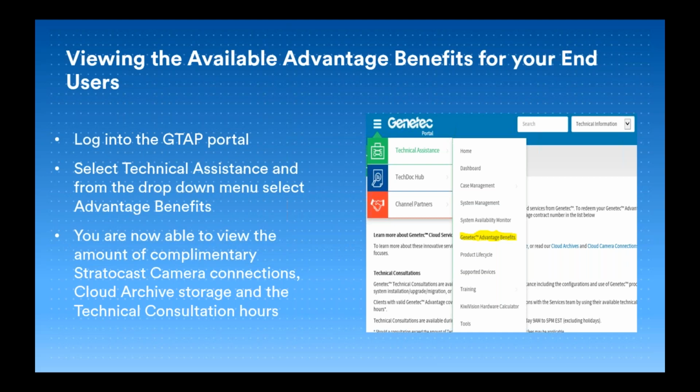You'll be able to view in there which customers are eligible for which benefit. And from here, you would also be able to redeem those benefits. And this is all found in the GTAB portal.